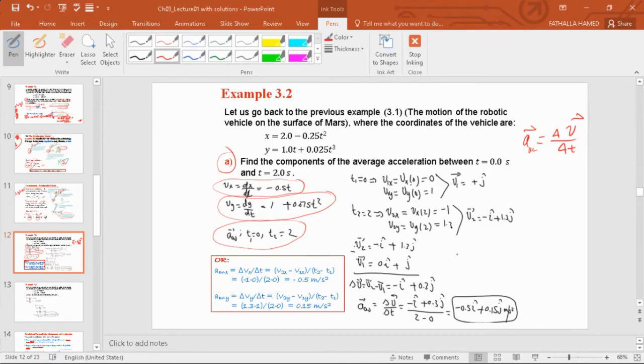And x meaning the x component. So it's Vx of 0, and it gives you 0 because you put t is equal to 0. The Vy is 1 plus 0.075 times t squared, and the t is 2 here, so 2 squared will give you 4. 4 times this will give you 0.3.